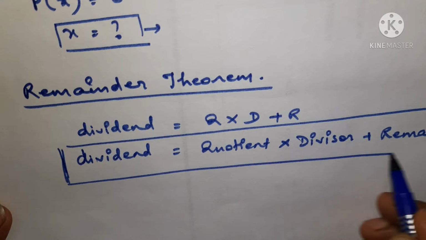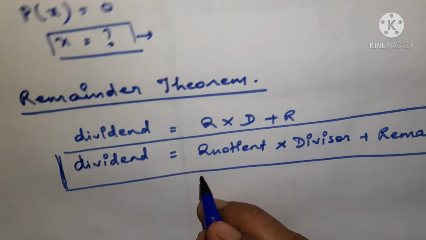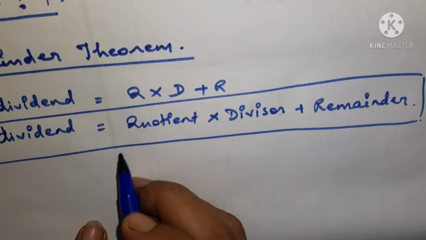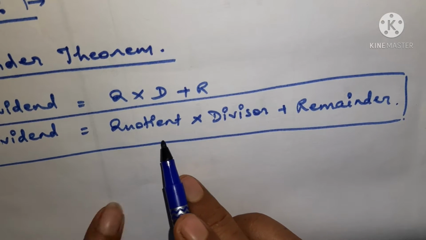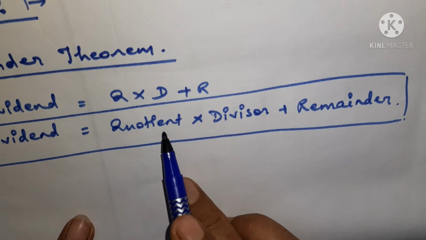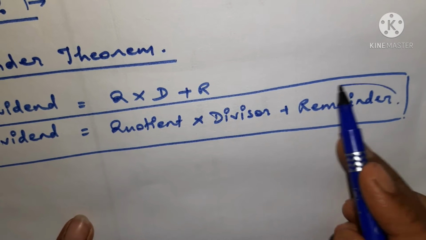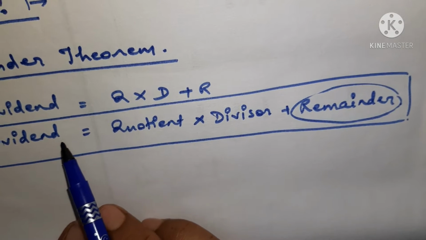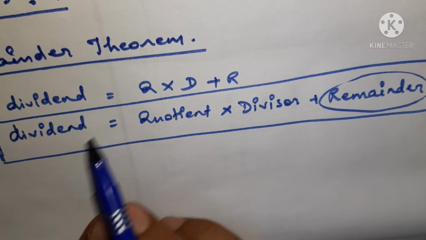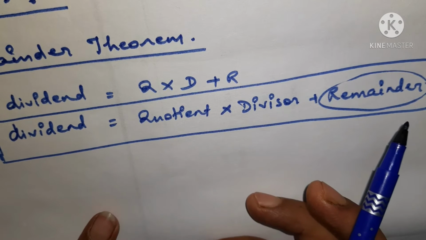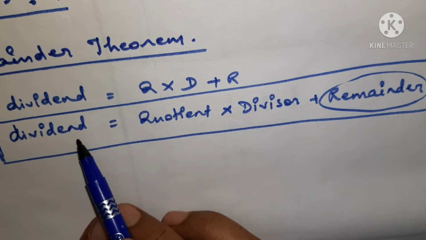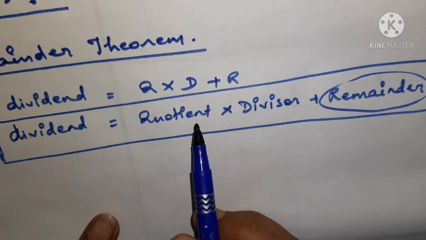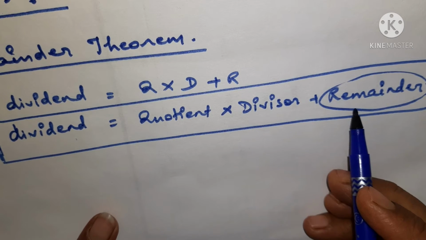This is what we have seen whenever a number is divided by any other number. It gives you the solution, and that solution is known as the quotient, and whatever is left out is known as the remainder. When we want to check whether our division is correct or not, we find that dividend is equal to quotient into divisor, and we then add the remainder.